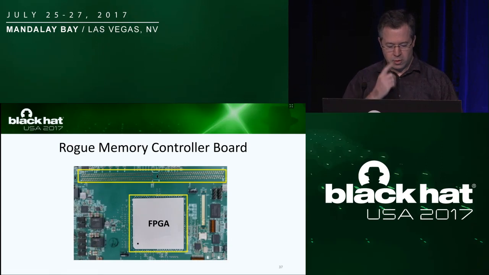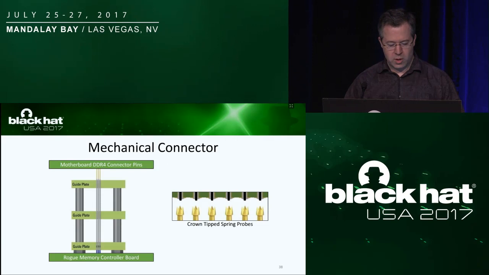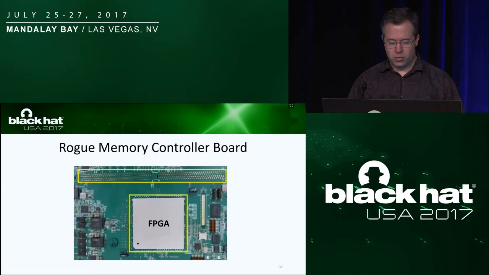So the next step that we're doing now is this board here. You can see there's no DDR4 connector, it's just these holes. These are pretty small holes. If you've seen one of these before, they're about 0.5 millimeter in diameter and 1.7 millimeters apart. So what I'm building right now is a mechanical interposer connector. This is a piece built out of 288 spring probes that connect into the holes that you see here on the previous slide.